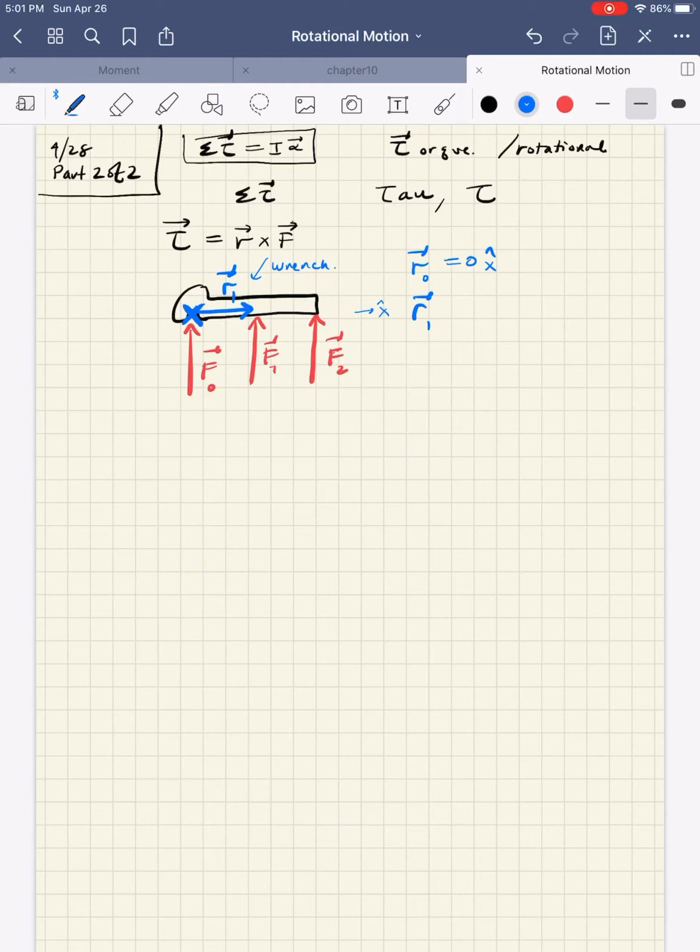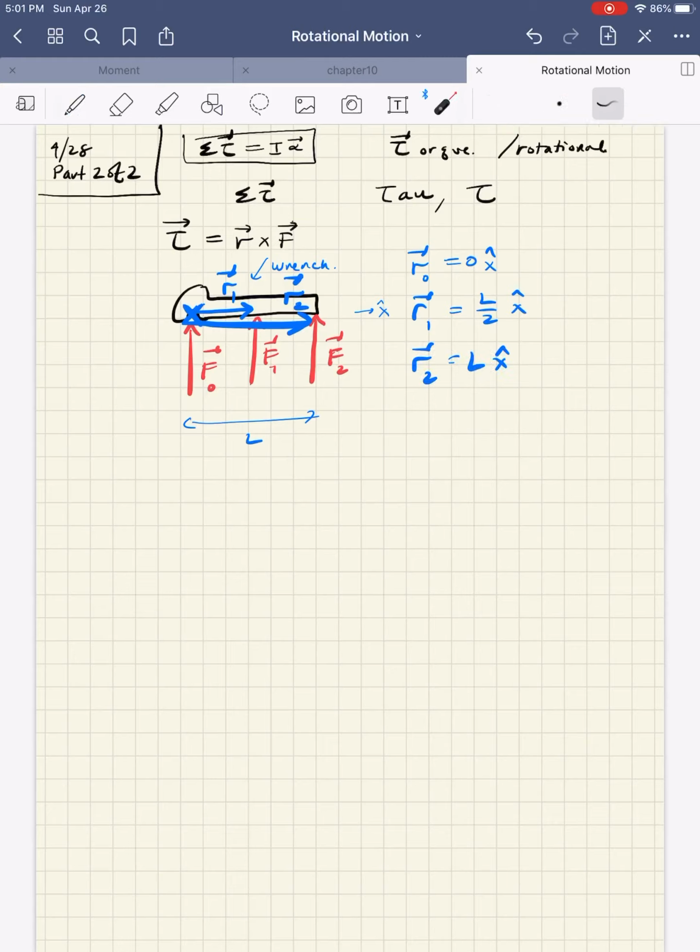Maybe it's at the halfway point, so it has a length L over 2 x hat. And R sub 2, let's make it a little bigger, is the full length L x hat.